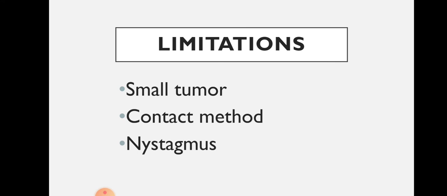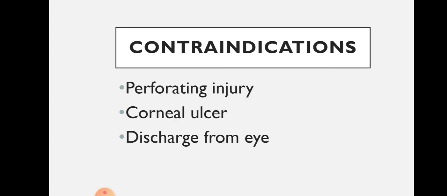If the person has nystagmus, then he is not able to fixate his eyes at a fixed position, as his eyes are continuously moving. So it is a limitation, and it is very difficult to measure the axial length of the eye in that situation.